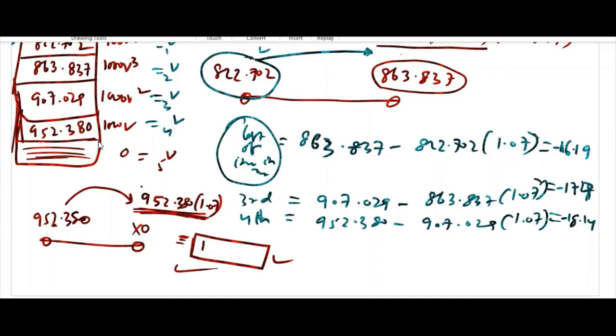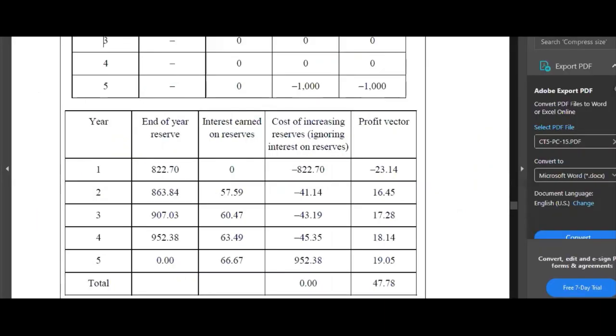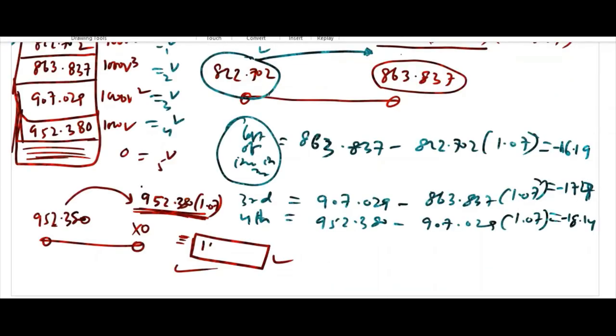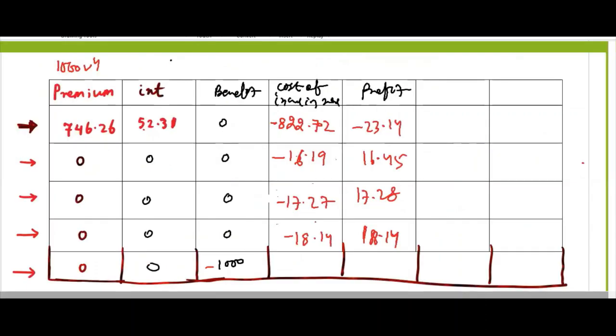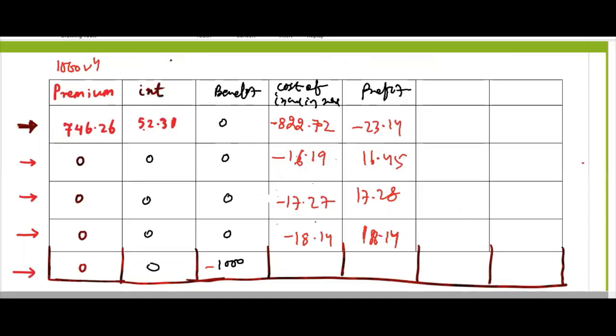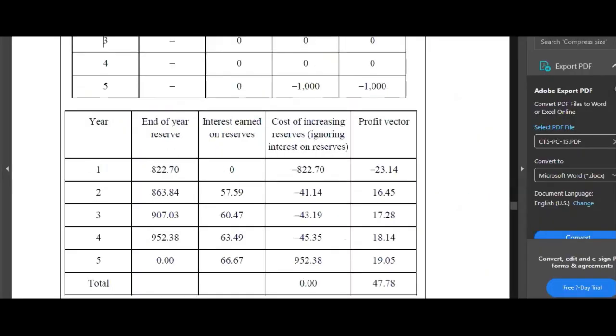1019. 1019.05. Yes, sir. 0.046. 0.46. Yeah, there might be a little bit of difference, but according to the answer here, they've written 19.05.